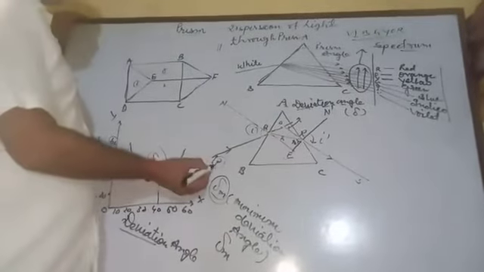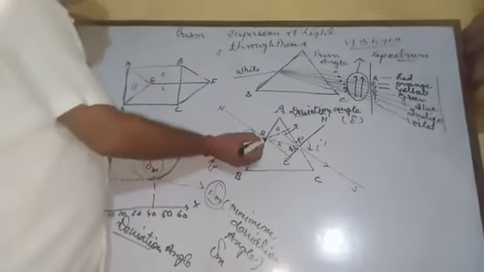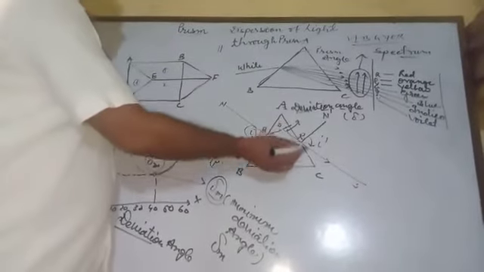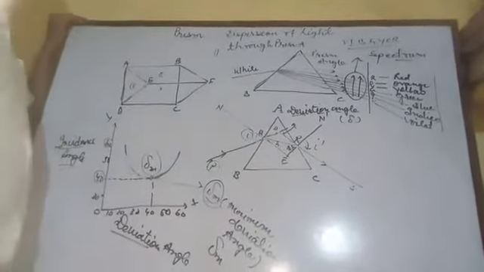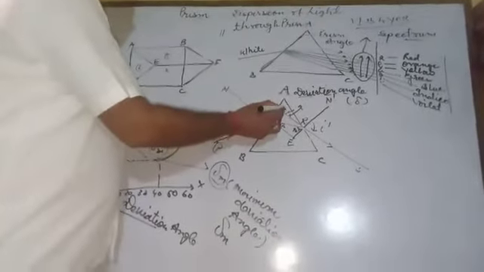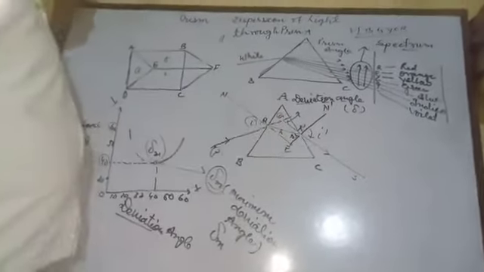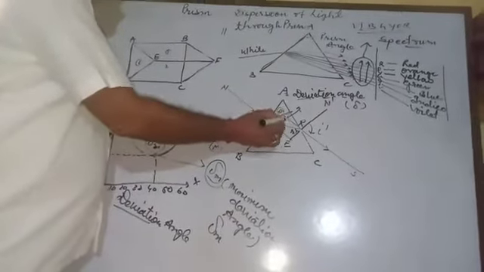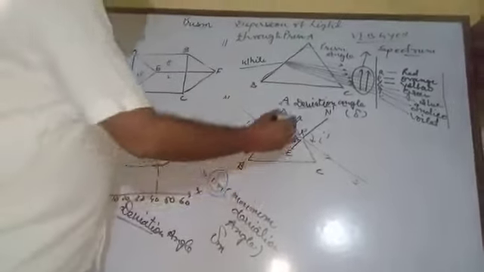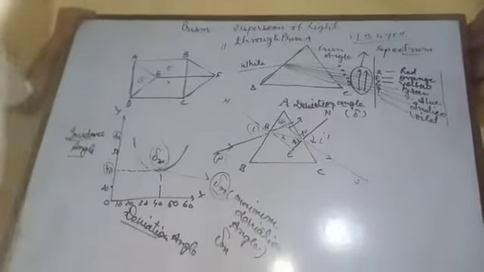If we produce incident ray PQ forward and emerging ray RS backward, then they meet together at a point D and form an angle which is known as deviation angle.